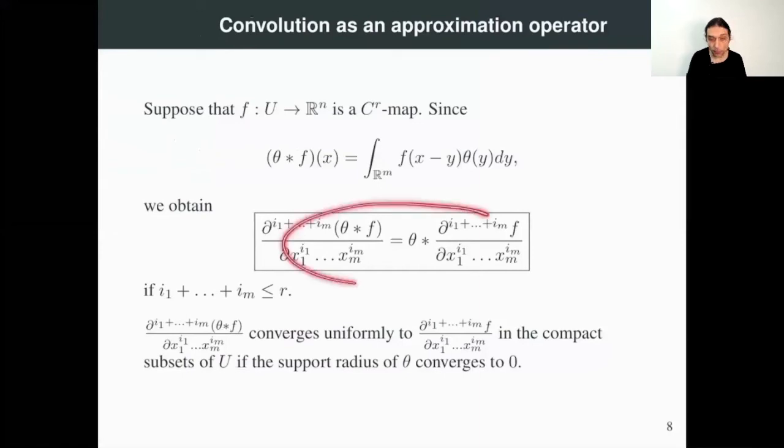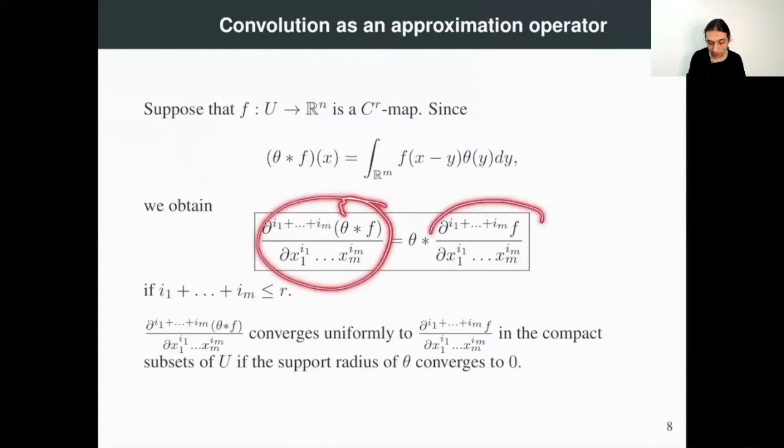Since we have this formula and this function over here is continuous, this convolution tends to this function uniformly in compact sets as long as the support radius of theta tends to 0. So if the support radius of theta tends to 0, then this derivative tends uniformly to this one in compact sets.